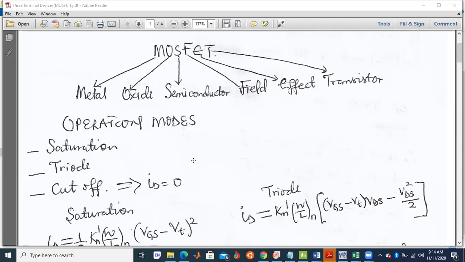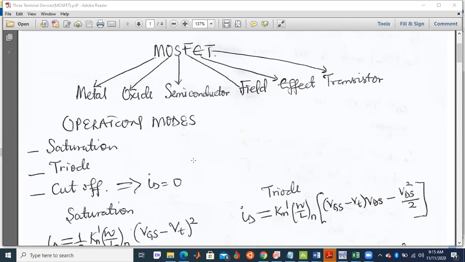For the saturation region, please, this formula is very, very important: VDS is greater than or equal to VGS minus VT. When this condition holds, it means that the device is in the saturation region.